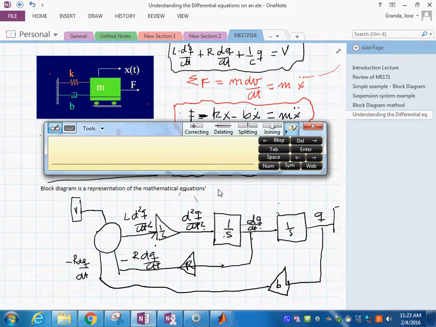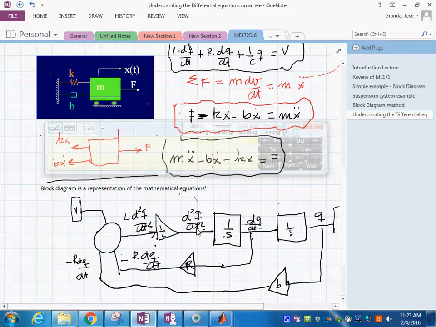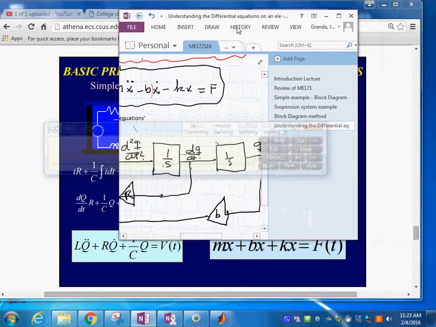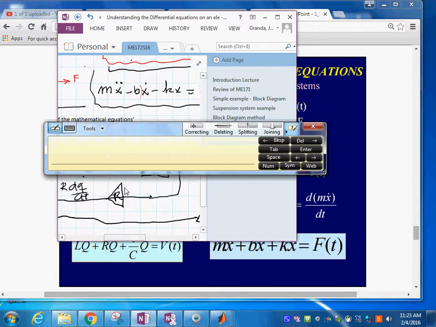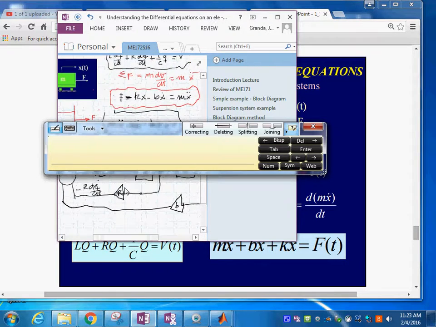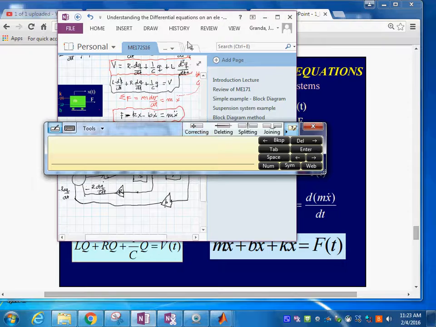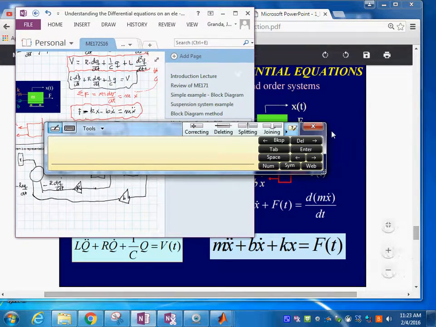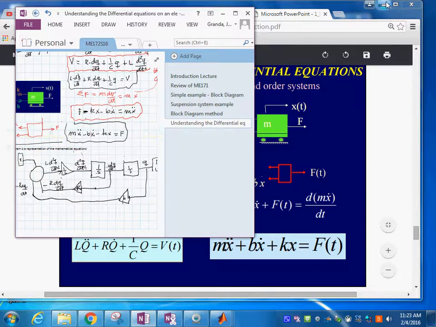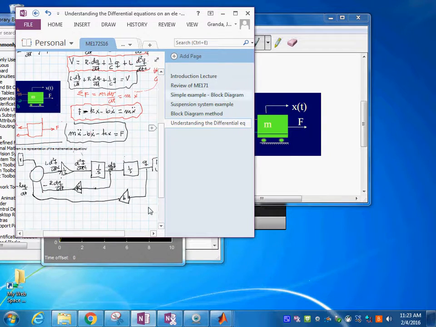To complete this, I will have to do it in Simulink, and I'm going to make it a little smaller so I can see it while I work in Simulink. We're going to close this and we say, okay, we need MATLAB.